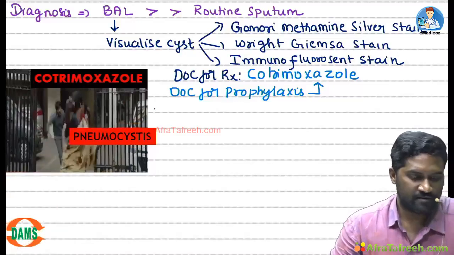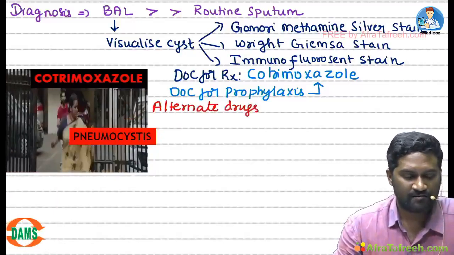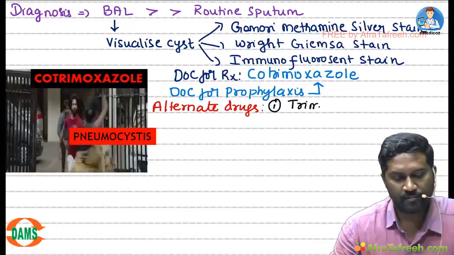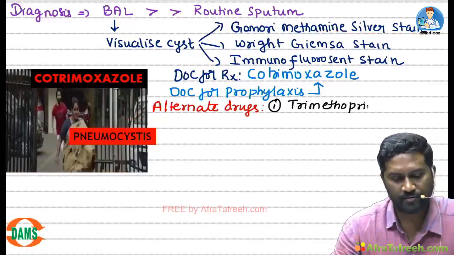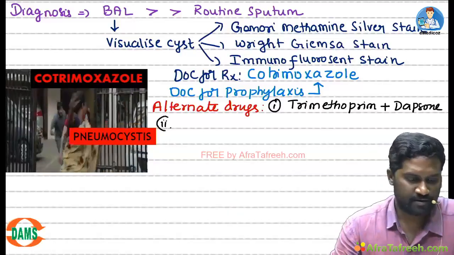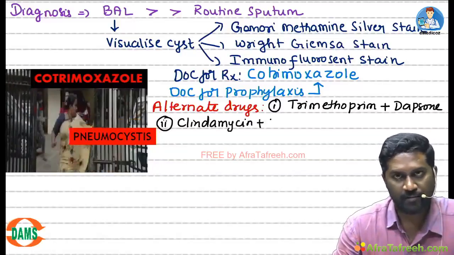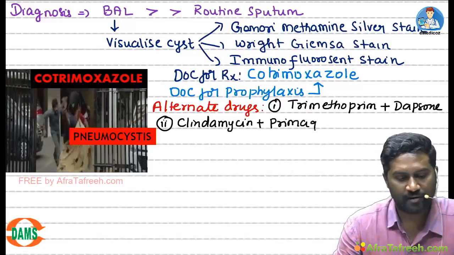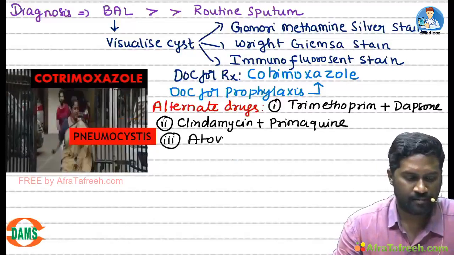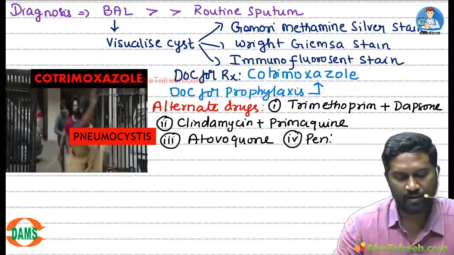Now if the patient is not tolerating cotrimoxazole, what are the alternate drugs available? We have trimethoprim plus dapsone. Then clindamycin plus primaquine, atovaquone, and pentamidine.